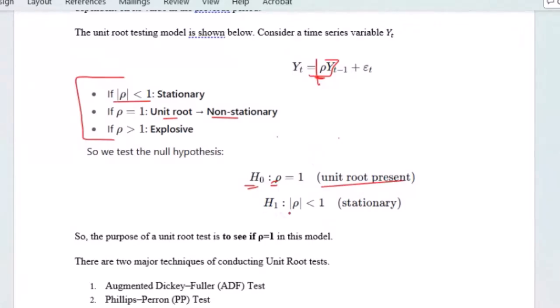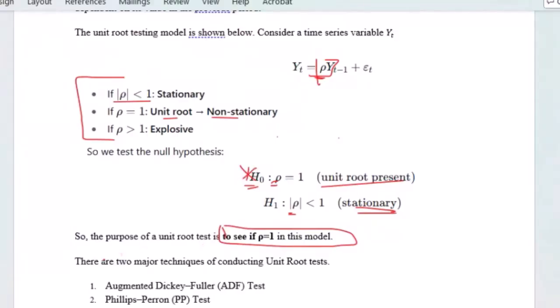And we have the alternative, whereby p is less than 1, which means that the data is stationary. So the purpose of the unit root test is to see if p is equal to 1 in this model. We test this null hypothesis.